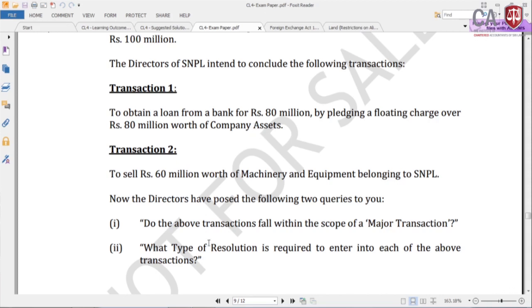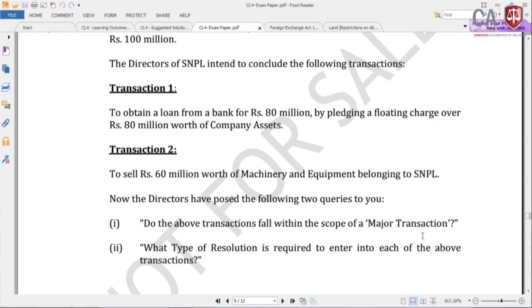And then the answer is, do the above transactions fall within the scope of major transactions? So, you have to clarify the first one and the second one separately. Say transaction 1, as we saw, won't fall within the context of major transaction, but the second transaction falls within the context of major transaction.